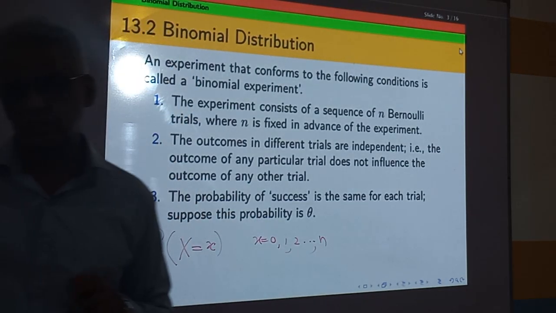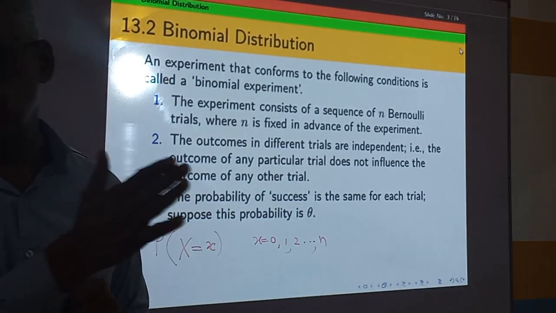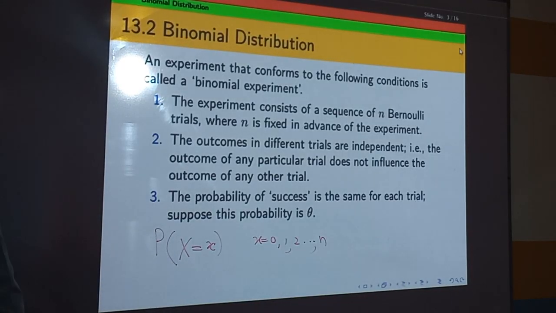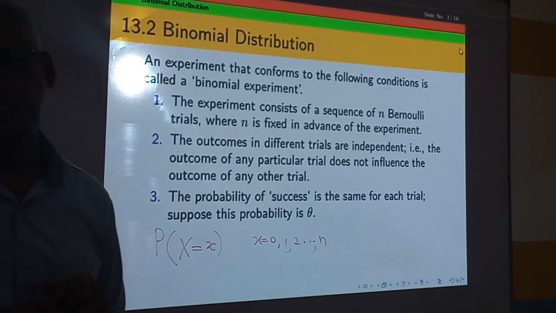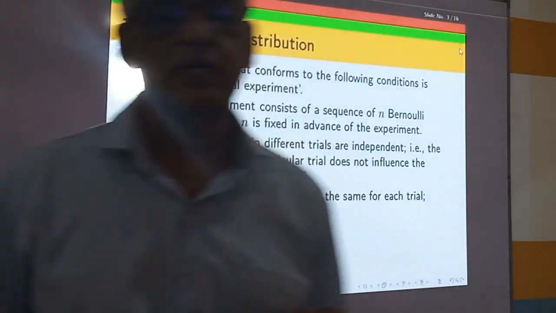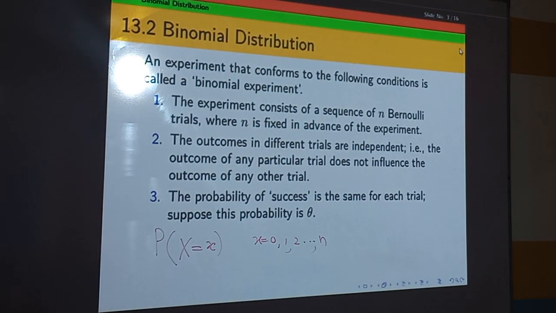What you get in the third one should not depend on what you got on the first one and second one. That is another requirement, independence. The third one is the probability of getting a success in any trial should always be the same. Probability of success should not change from trial to trial.